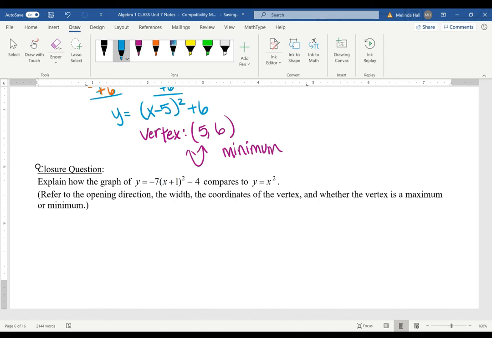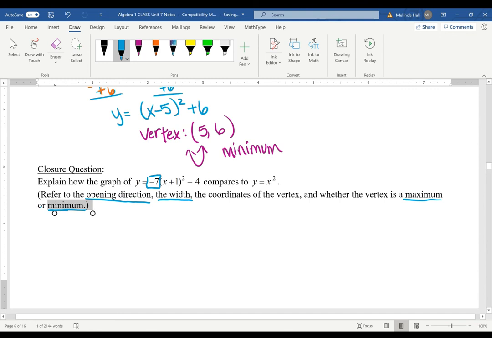Okay. The negative 7 helps tell you your opening direction and your width, okay? And also helps you decide if it's a maximum or a minimum, okay? So if you like color coordinating, that is the stuff that would go with opening direction, or with the negative 7, your a term.